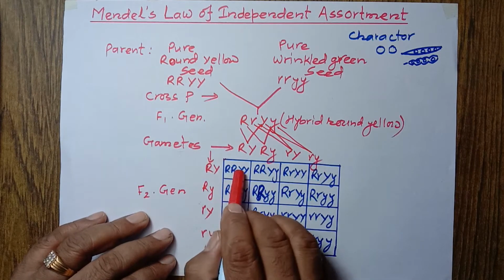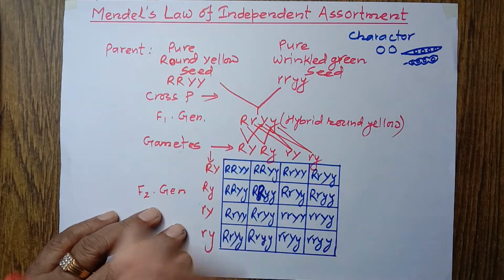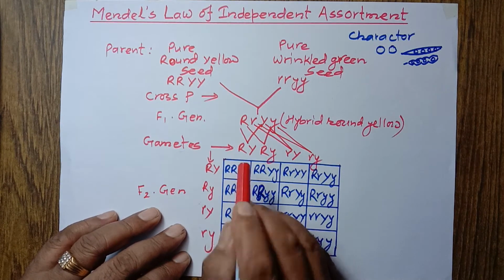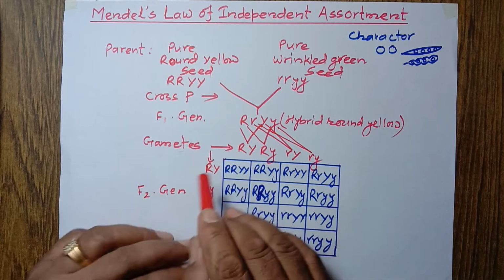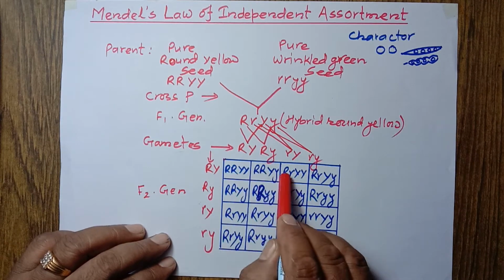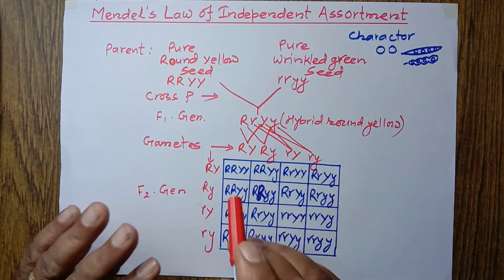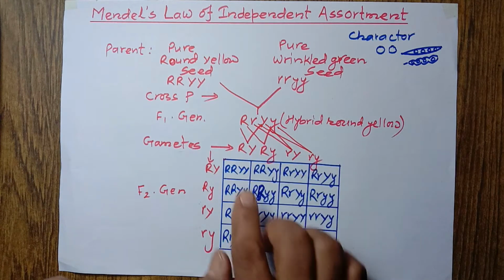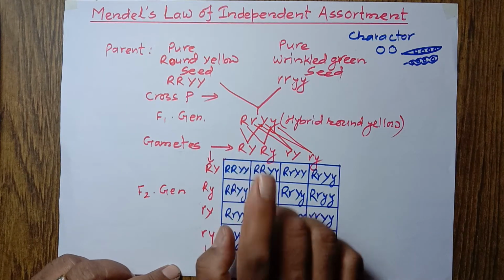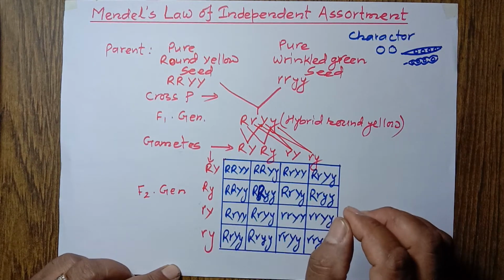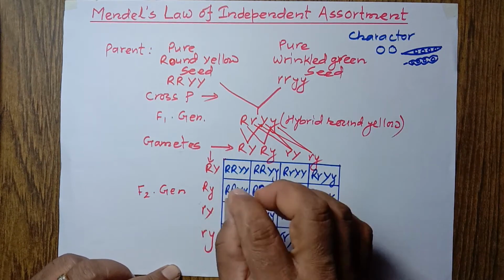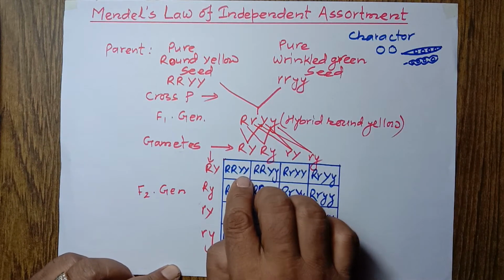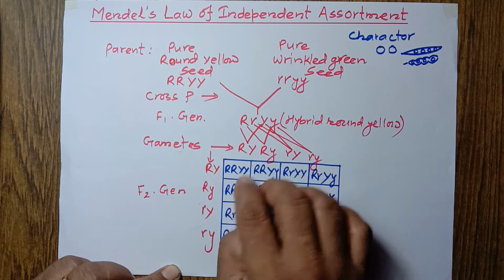If both are capital R, then it is pure round seeded. If one of the Y is capital, that is also a yellow seeded pea plant. But if both the R are small, then it's wrinkled. And if both the Y are small, then that is green.